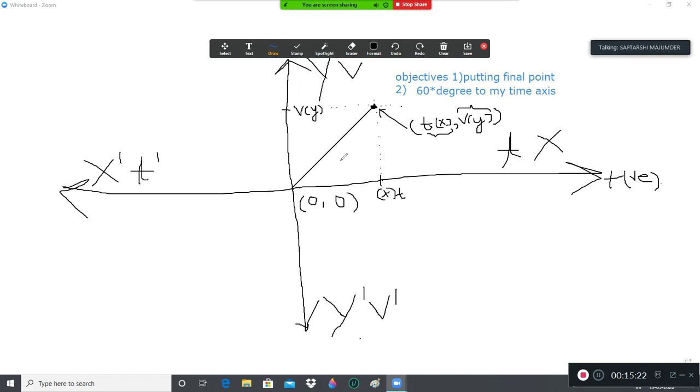Anyway, so now the main thing comes. Can you visualize one thing? See, if I consider this as a time axis, then this line has an angle. Just think in your mind.